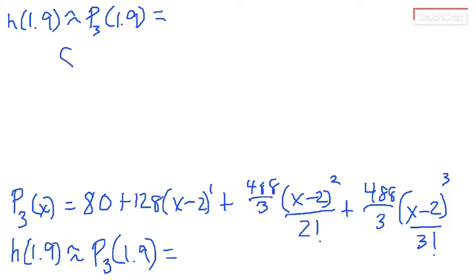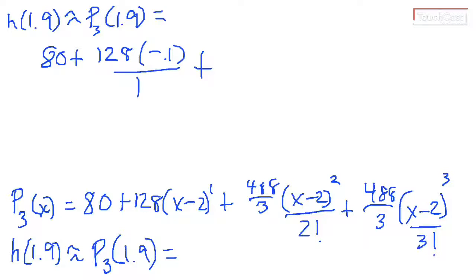I'm going to write this out: 80 plus 128 times 1.9 minus 2, which is negative 0.1, to the first over 1. I just got excited, you don't have to actually write that over 1. Plus, I might multiply this out.